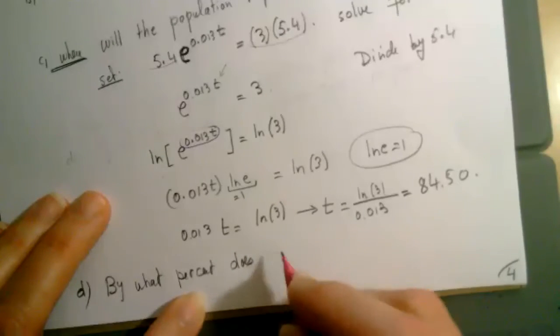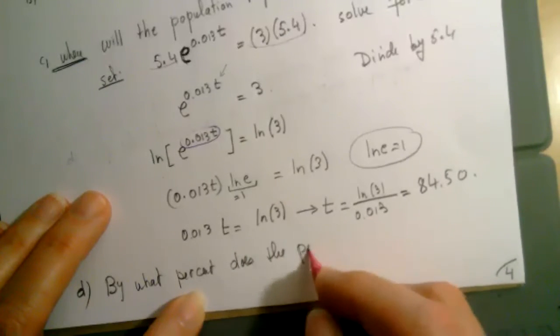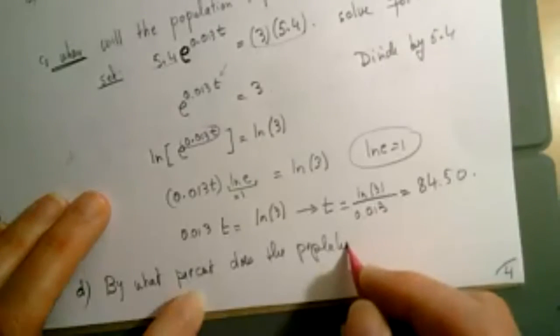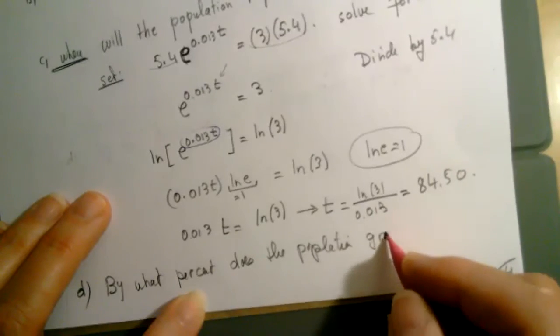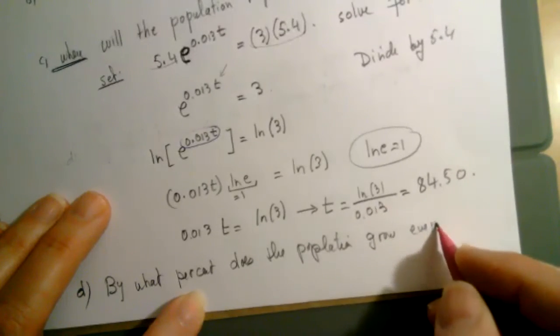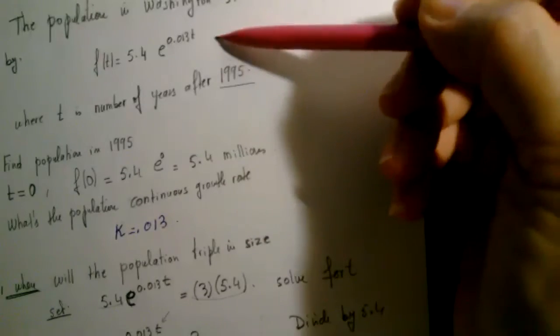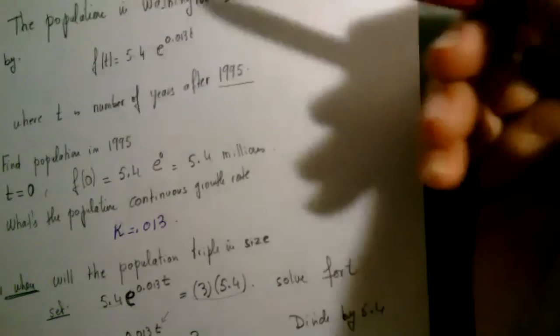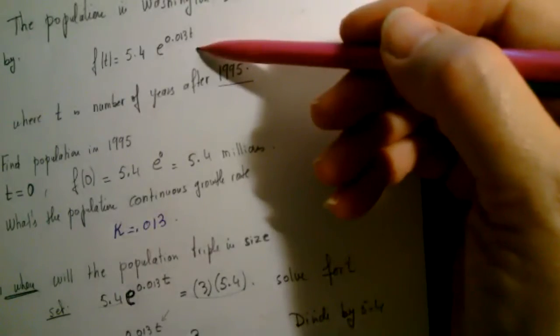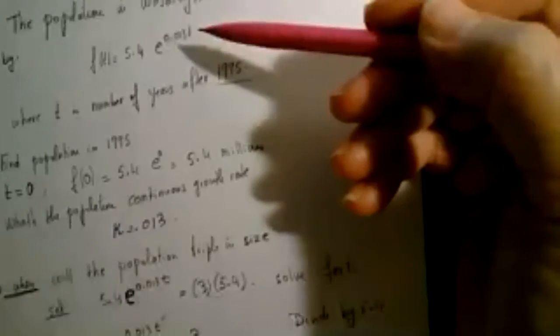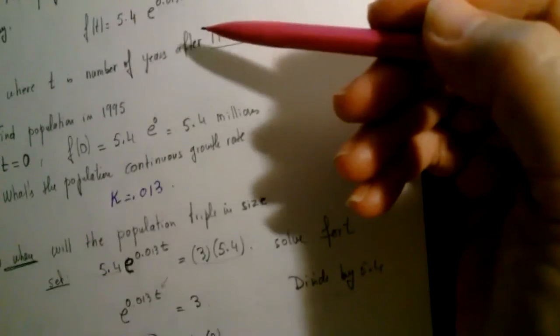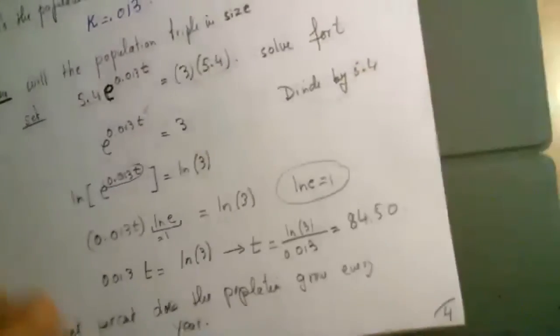By what percent does the population grow every year? It means assuming the population in Washington State kept following this model, kept growing like this formula, by what percent is it growing every year?